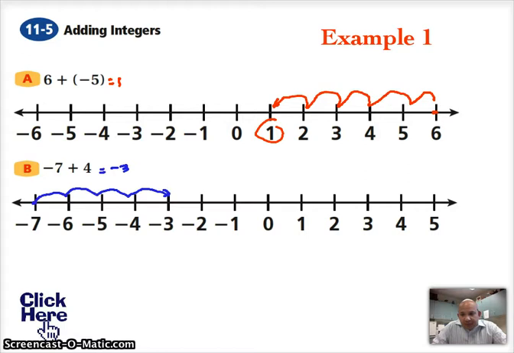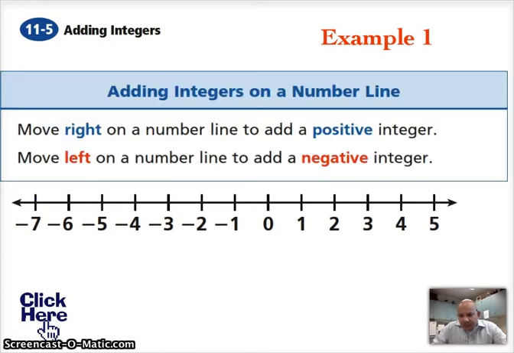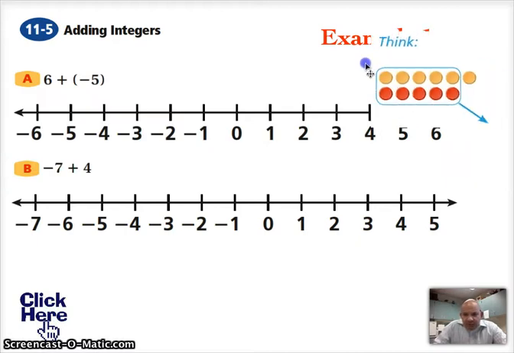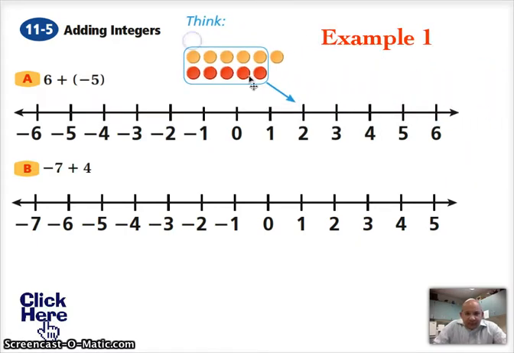Another way to look at these problems is by those zero pairs. Go ahead and drag this over. Now, when we have 6 up here, and we have a negative 5 in this row, we have 6 positive and 5 negative chips.